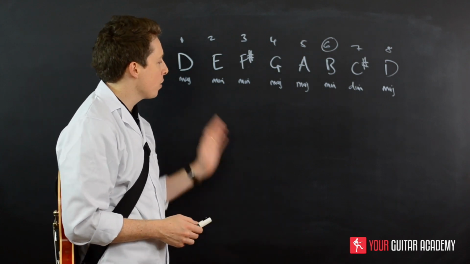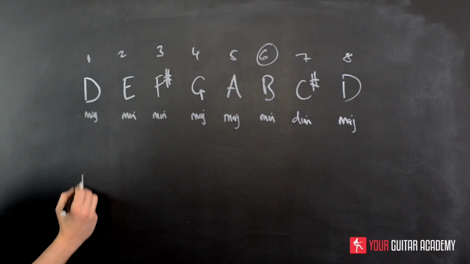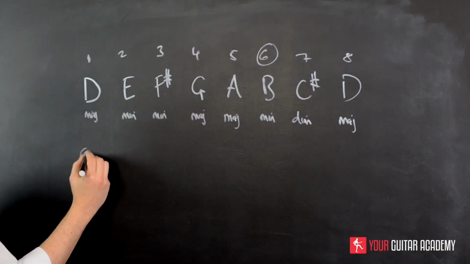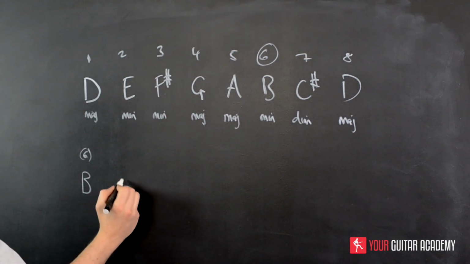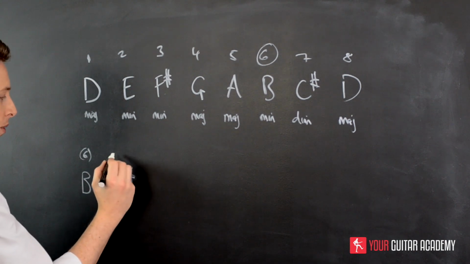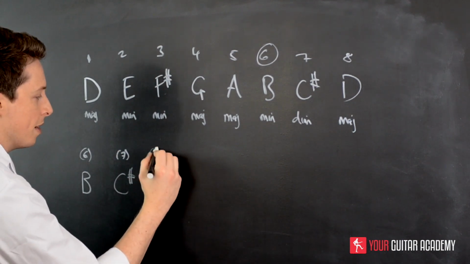So when we write out the key of B minor, we're going to write it like this. We're going to just take those notes. We're going to go B, which is in theory the 6, but at the moment it's the 1 because it's the start, isn't it? Then C sharp, okay, which is the 7 in brackets. Then D, which is the 1 in brackets.